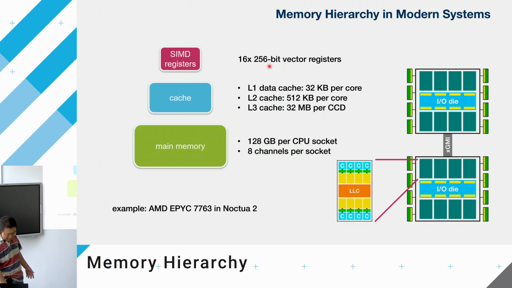It's very fast, but very expensive. Then it comes to the L1 cache and L2 cache, which are local to the CPU core. You can think of this part as the yellow part.